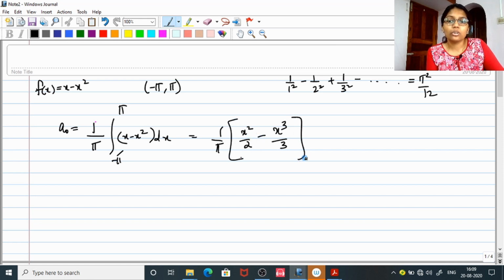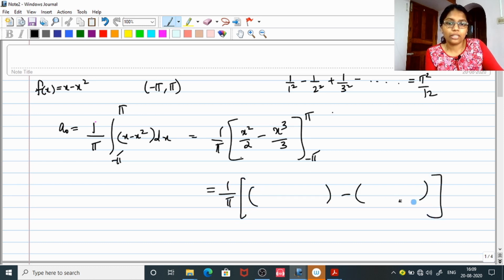Okay, so in the limit negative pi to pi, it is upper limit minus lower limit. Substitute this pi value for x: it is pi square divided by 2 minus pi cube divided by 3. Now go for the negative pi: it is negative pi the whole square by 2 minus negative pi the whole cube by 3.